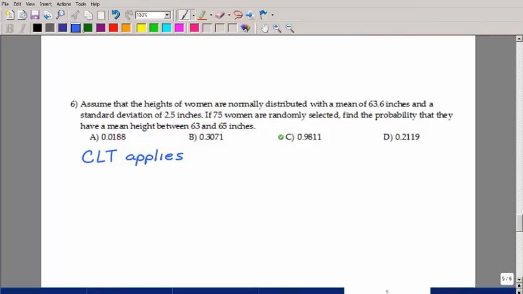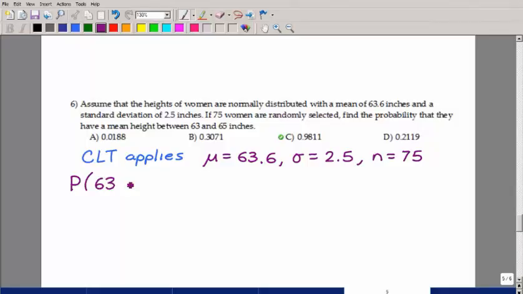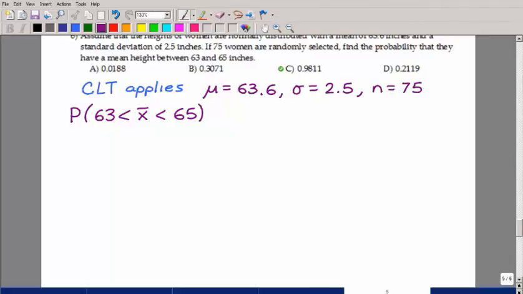So let's set up our values again. The mu is 63.6. Standard deviation is 2.5. N is 75. Mean height between 63 and 65, so that puts X bar right between 63 and 65. So we convert these both to z's.